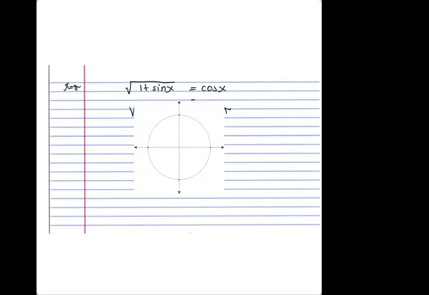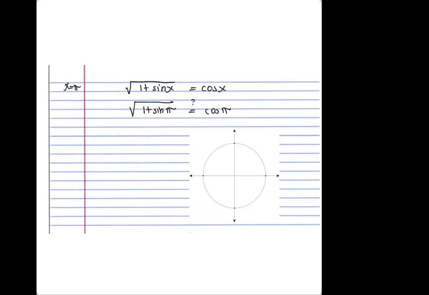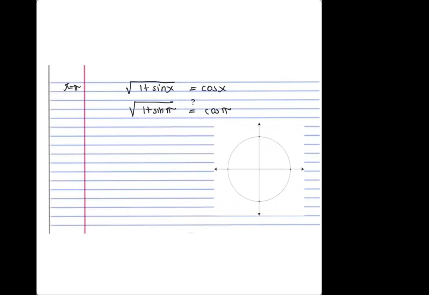So we'll go ahead and bring up our little unit circle again. We need you right now. All right, pi means I'm going to be here on my unit circle. So let me highlight it for you in blue.